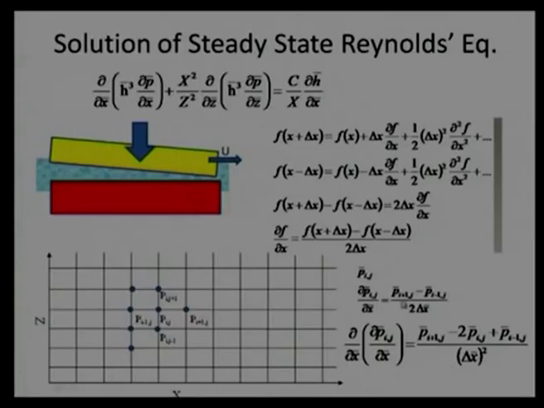For second order, we have P i plus 1 j minus 2 P i j plus P i minus 1 j. For the gradient in z direction, we write i j plus 1, P i j will remain the same, and for variation with respect to z we write i comma j minus 1.